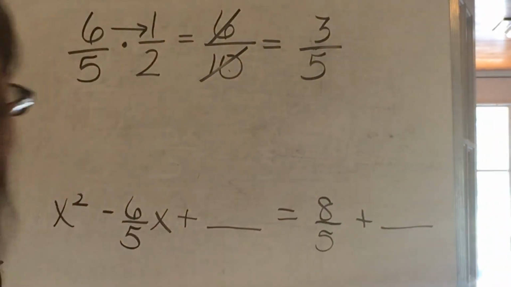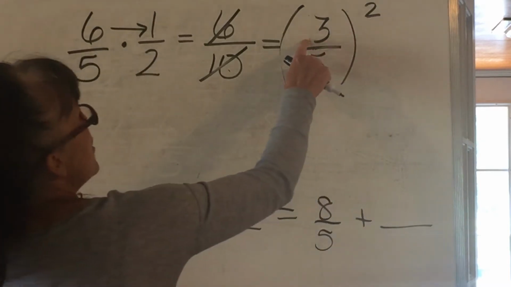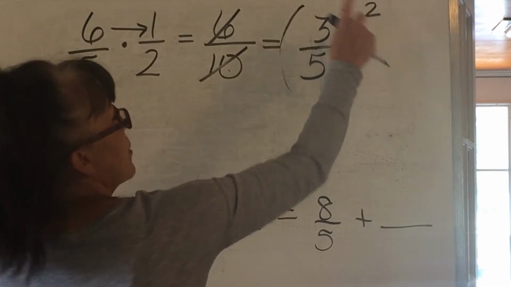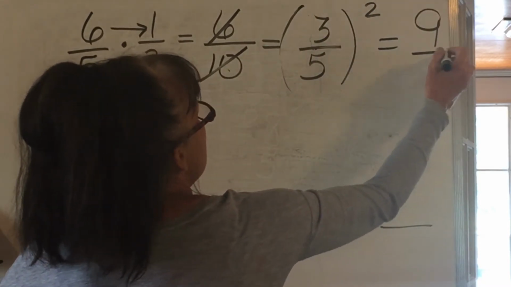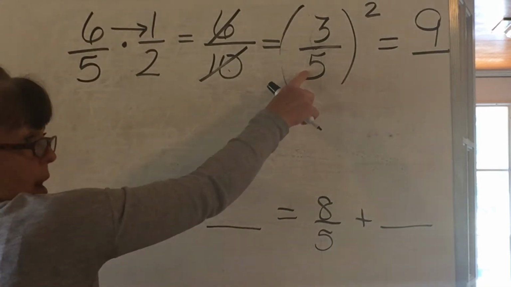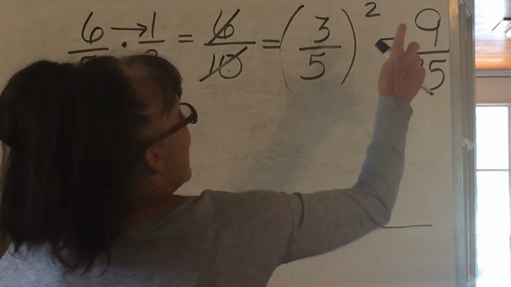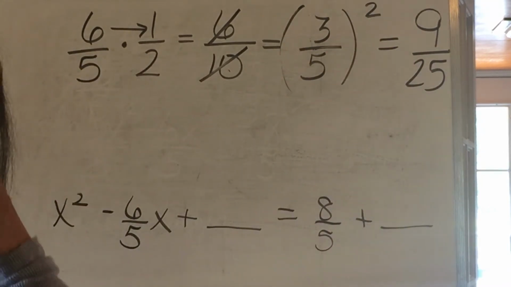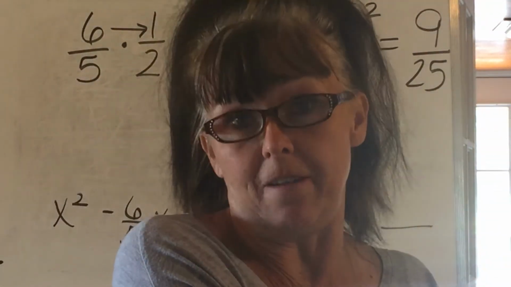We've got to square it now. So you've got to square the 3 and the 5. So what's 3 squared? 3 times 3. That's 9. And then 5 squared, 5 times 5, is 25. Now, that is the number that you're adding to both sides. And you should show that work kind of to the side of your problem.